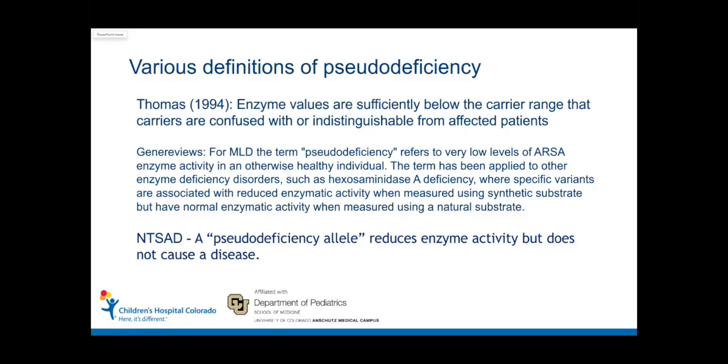It's essentially where you get an enzyme activity level that's in that affected range that I described earlier, but it's in an individual who doesn't have the clinical phenotype. We came about this phenomenon when we would do carrier testing or family testing in individuals with various lysosomal disorders, and we would find an unaffected parent or an unaffected sibling who had enzyme activities that matched or were within the same range as the patient.